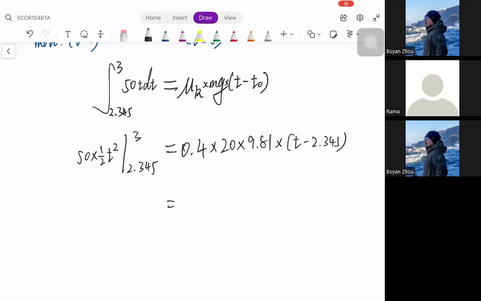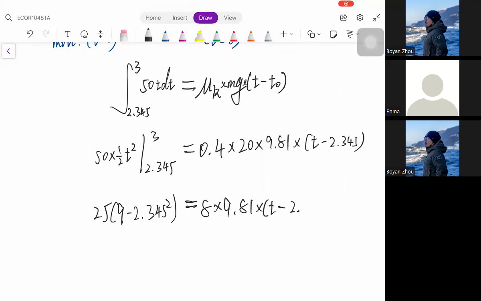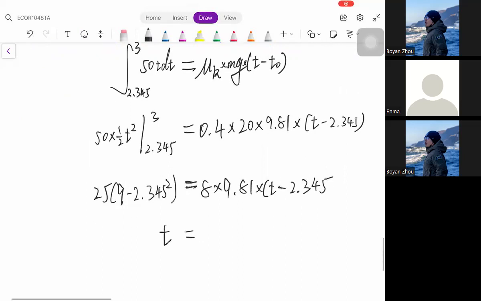So on the left-hand side, it's going to be 25 times 9 minus 2.345 to the power of 2, is equal to 8 times 9.81 times t minus 2.345. So eventually you're going to have time equal to 3.46 seconds.